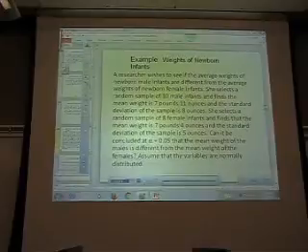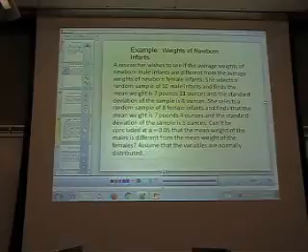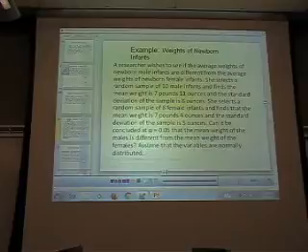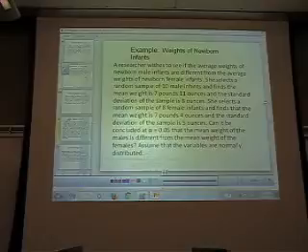Okay, let's get someone to read this one. This one's nice and long. Shashank, go ahead. A researcher wishes to see if the average weights of newborn male infants are different from the average weights of newborn female infants. She selects a random sample of 10 male infants and finds the mean weight is 7 pounds 11 ounces, and the standard deviation of the sample is 8 ounces.